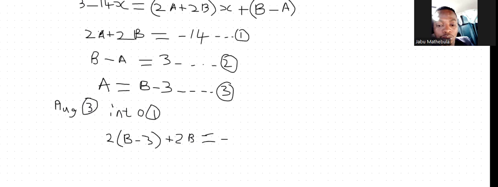Okay. Now, let's try and simplify further. 2 times b is 2b. 2 times negative 3 is negative 6, plus the 2b is equal to negative 14.